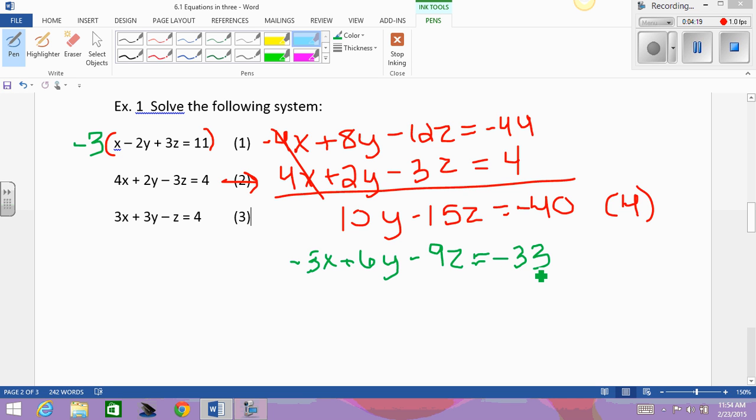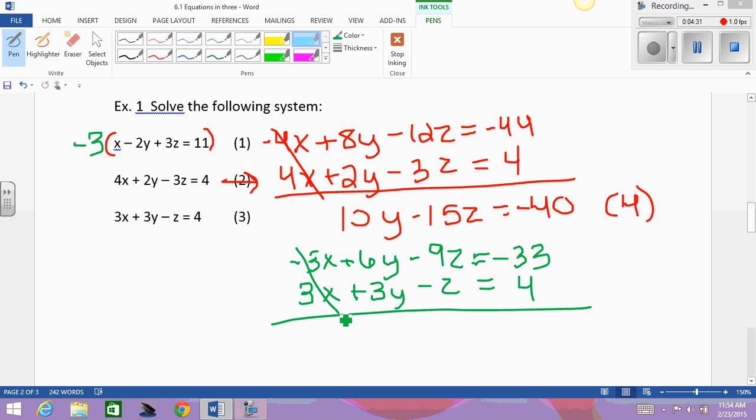Okay, so there's my first equation. Bring down that third equation. And we add. And we'll call this equation 5.